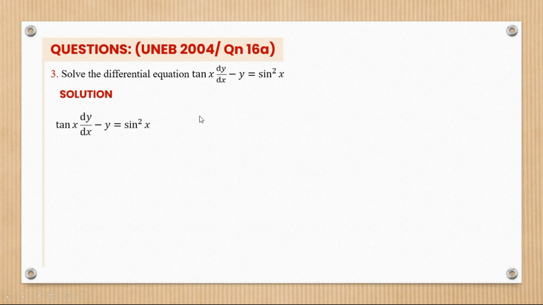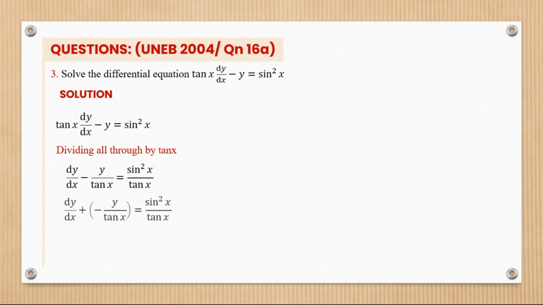Remember, we don't want a coefficient in front of dy/dx, so we're going to divide all through by tan x. So we'll have dy/dx minus y over tan x is equal to sine squared x over tan x. Now remember that the form of linear differential equations should be dy/dx plus py is equal to q.